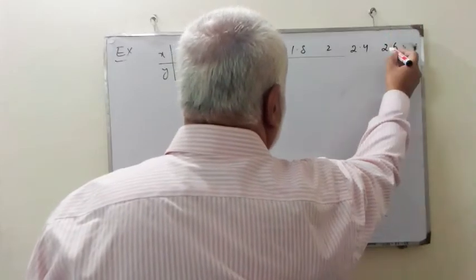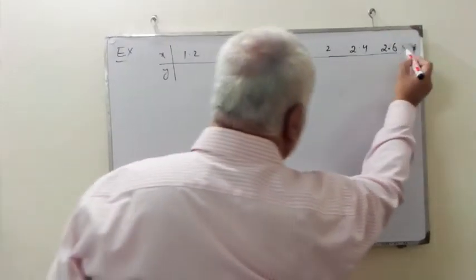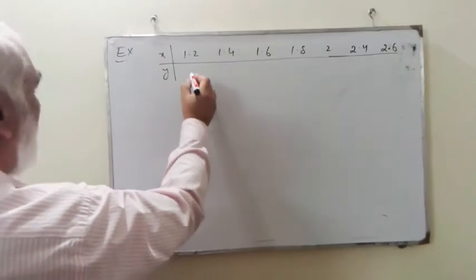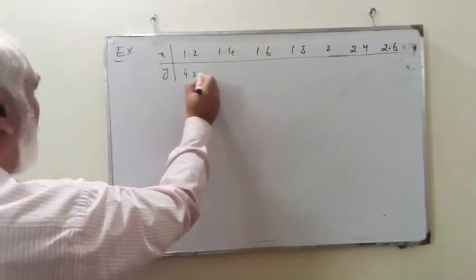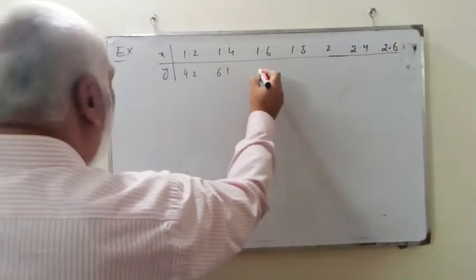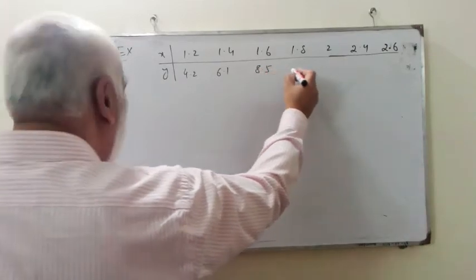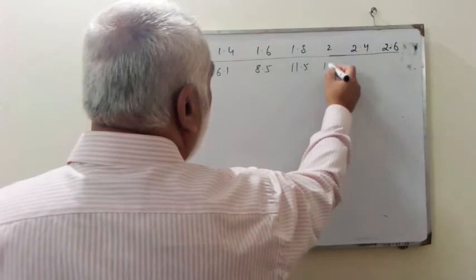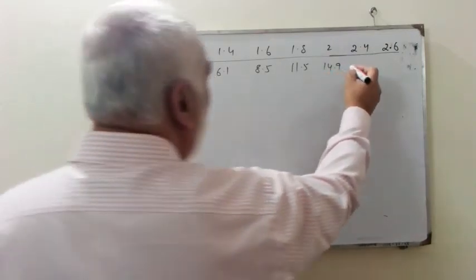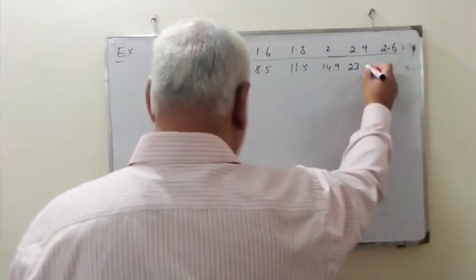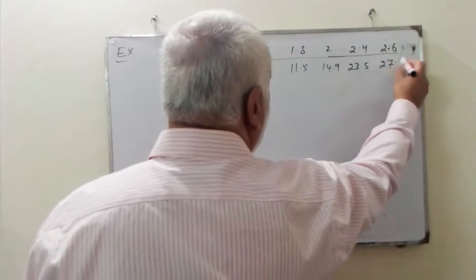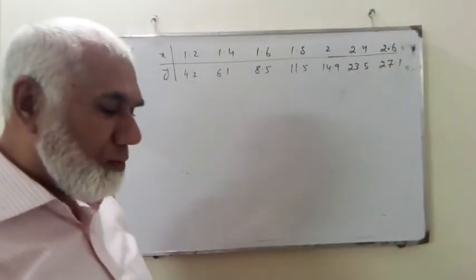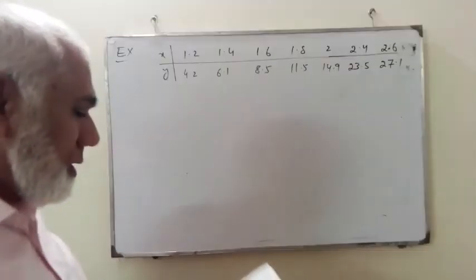So this is the set of x coordinates, and the corresponding values of y are 4.2, 6.1, 8.5, 11.5, 14.9, 23.5 and 27.1. So this is the given set of points.